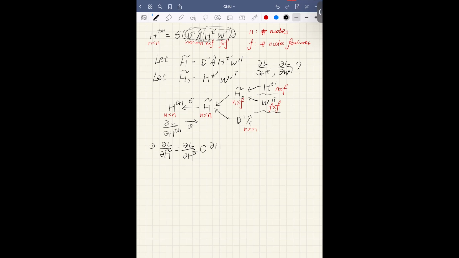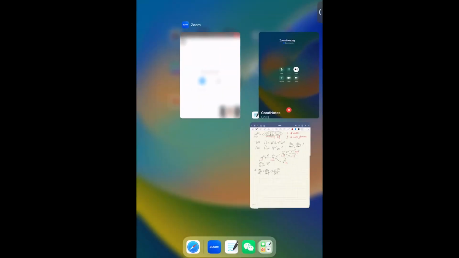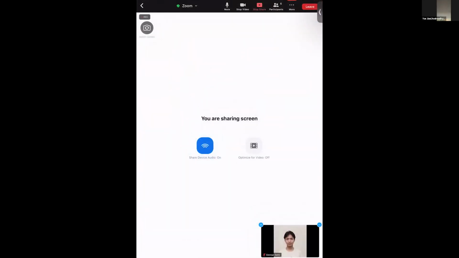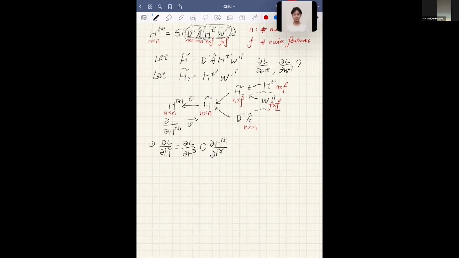dH_t plus 1 over dH tilde. Okay. And this is the back propagation through this activation.